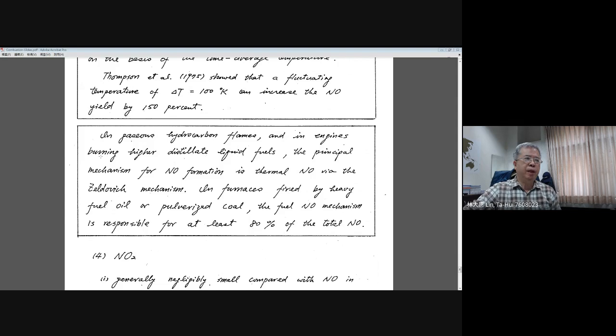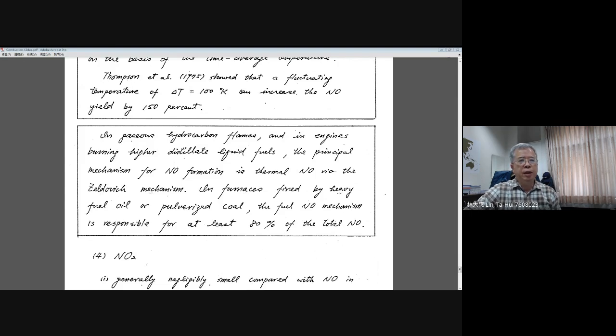Then the principal mechanism for NO formation is the thermal NO, because those gaseous hydrocarbon flames and high distillate liquid fuels do not contain too much fuel nitrogen. Then the NO formation mainly comes from the thermal NO, described by the Zeldovich mechanism we described earlier.